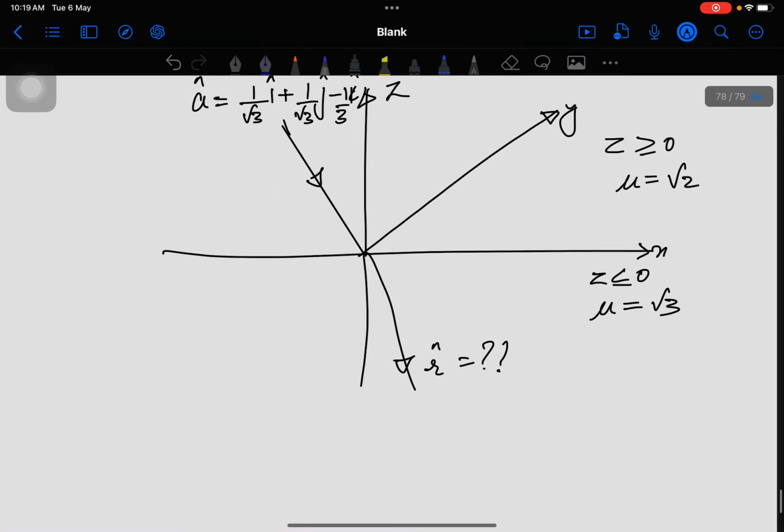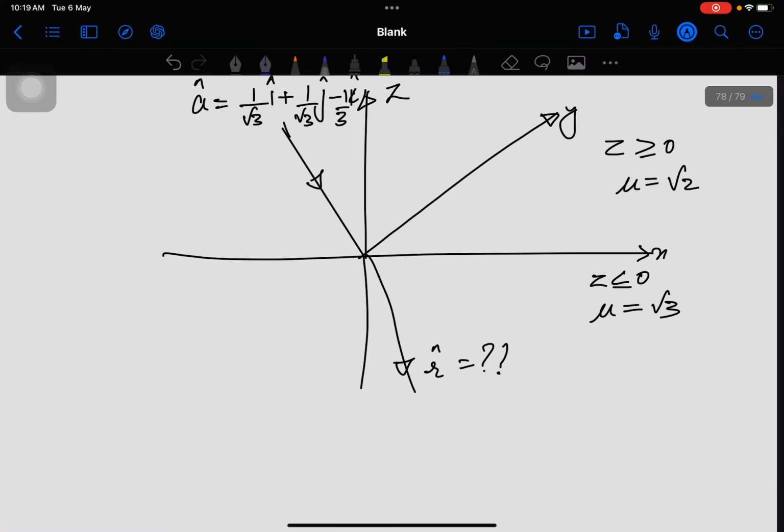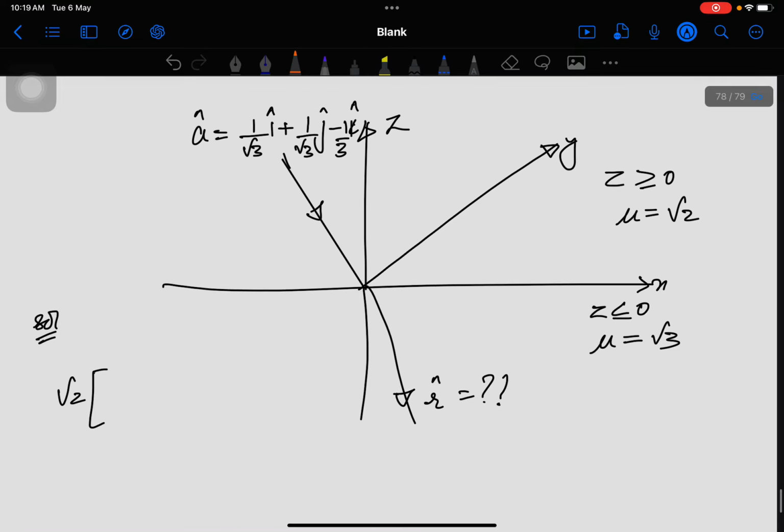So let's directly apply Snell's law in the vector form. You can write over here root 2 into a cross n cap. Now what is n cap? The n cap specifically points from the first media into the second media. You have to take only one direction of the n cap. It could be the other way also, but for convenience we always take it from the first media to the second media. So n cap over here is equal to minus k cap.